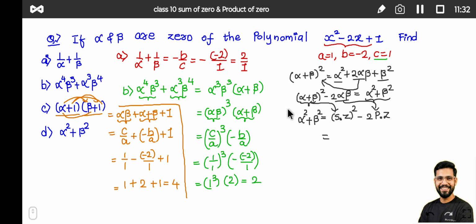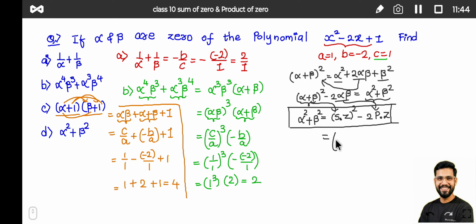Okay, so whenever you have to find the value of alpha square plus beta square, use this formula directly: sum of zeros the whole square minus 2 times the product of zeros. So what is the sum of zeros? Minus b upon a the whole square minus 2 times the product of zeros, which is c upon a. So square of minus is plus, or just substitute the value first.